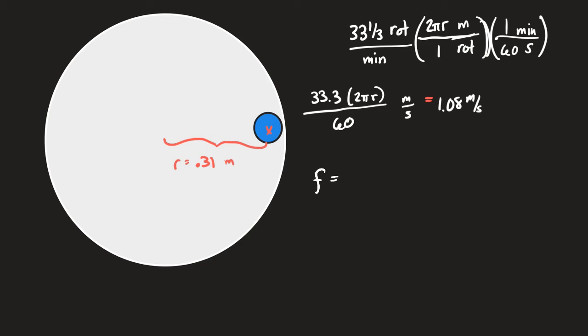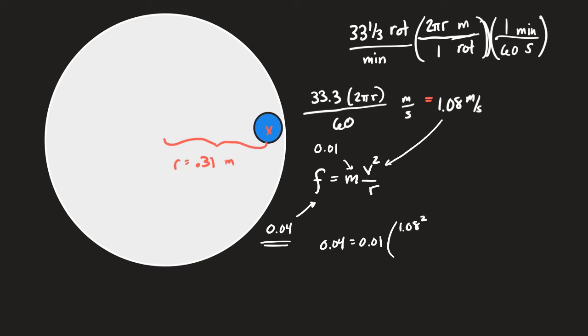F equals mv squared over r. F was 0.04. m was 0.01. v, we just did. So 0.04 equals 0.01 times 1.08 squared over r.